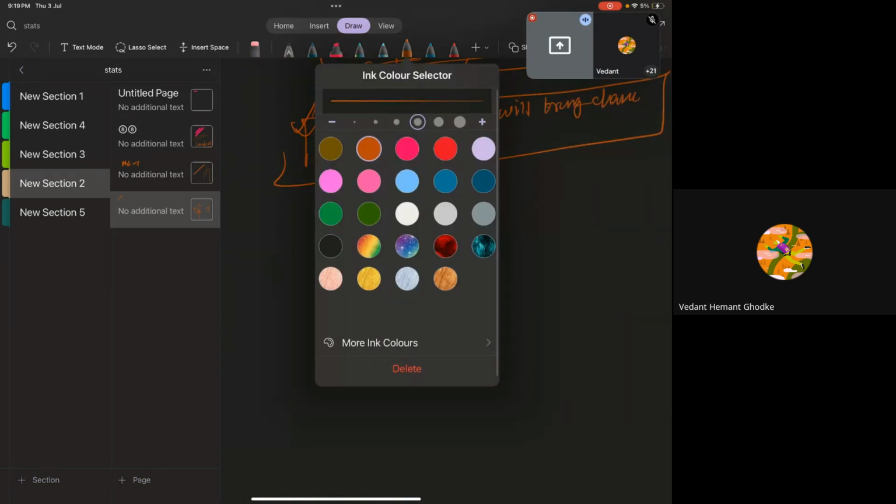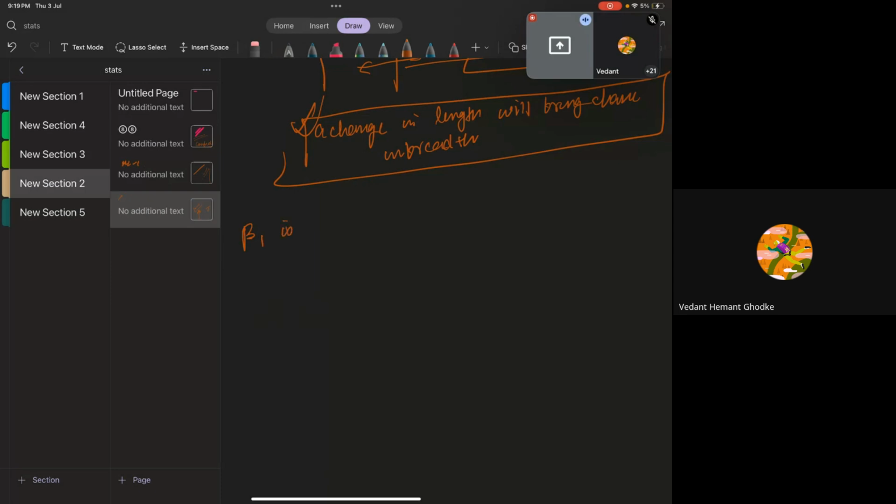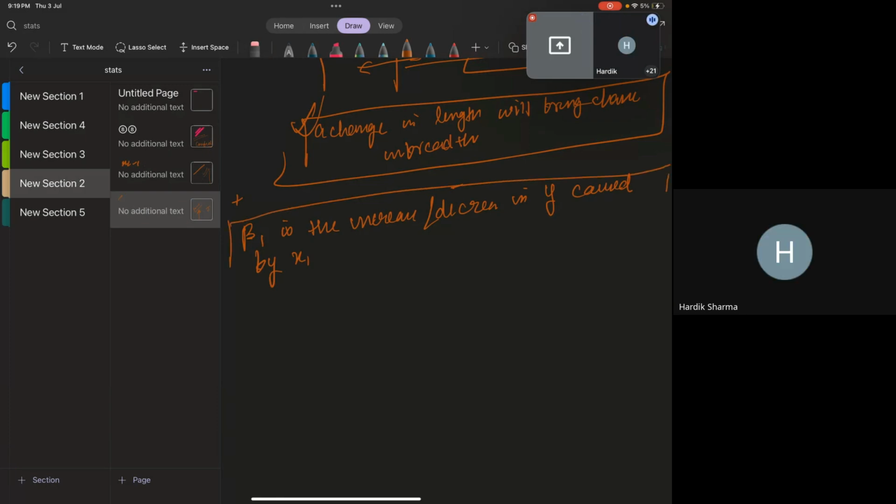You're saying beta 1 is the increase or decrease in y caused by x1. If beta 1 is positive, then increase; if beta 1 is negative, then decrease. Yes or no, everyone?